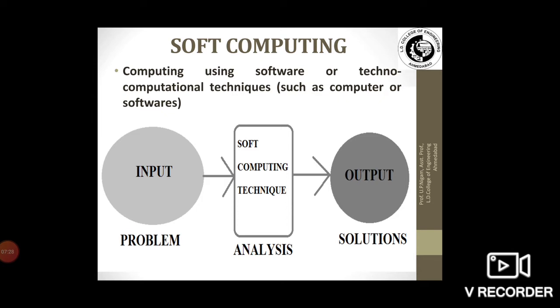Alright. So this word soft computing is different from software. Software is meant for a separate purpose, but soft computing is meant for data analysis and computations. So computing using software or techno-computational techniques such as computers or any other means, that is known as computing.